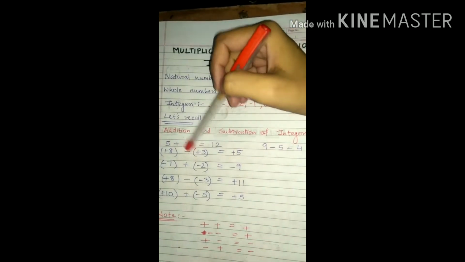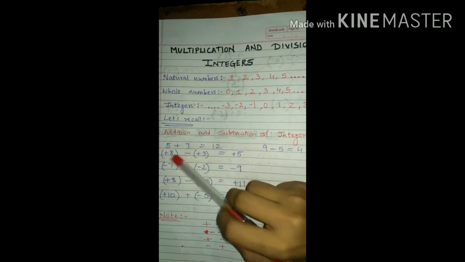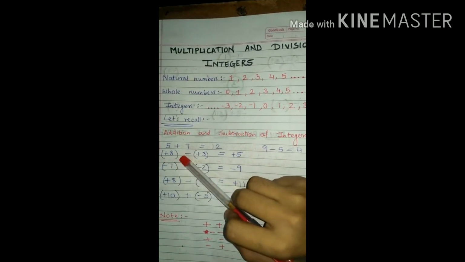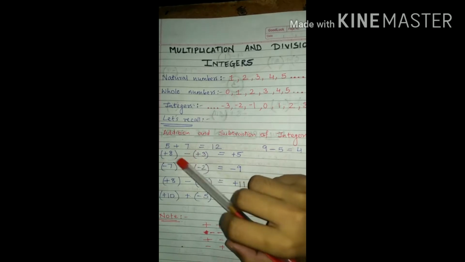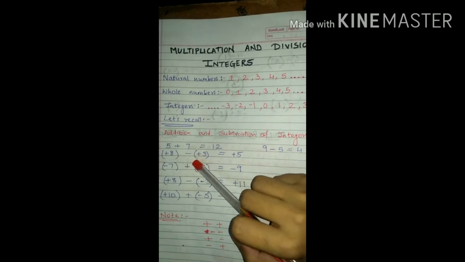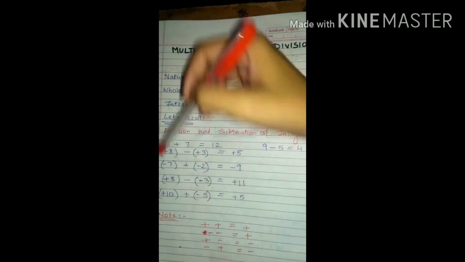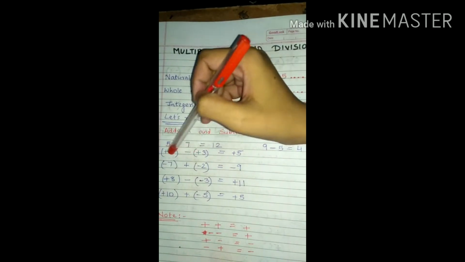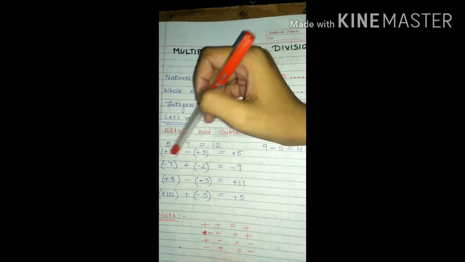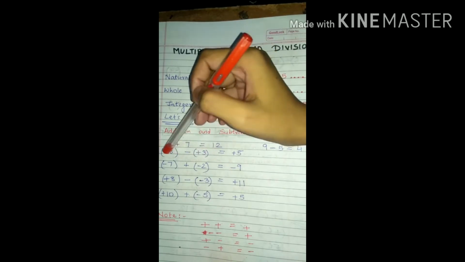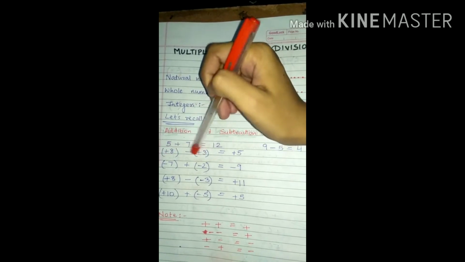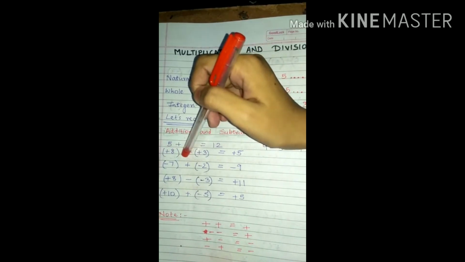So how to solve this? Here you have to know what operation is to be performed, which you know by looking at the signs given. But here there are so many signs: plus, minus and again plus. So what operation needs to be performed?